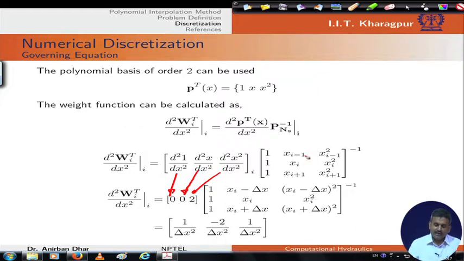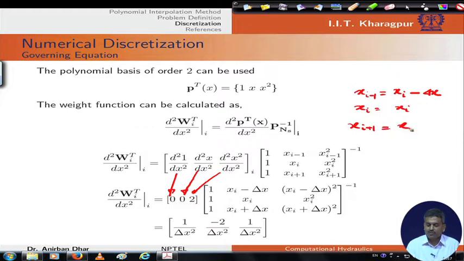Now x I minus 1 can be represented as x I minus del x, considering we have uniformly spaced nodes available within the domain, then x I equals x I and x I plus 1 equals x I plus del x here.